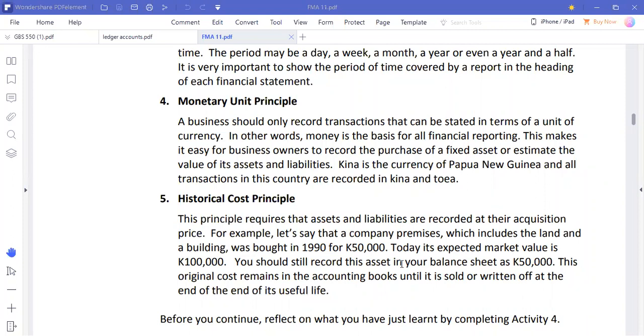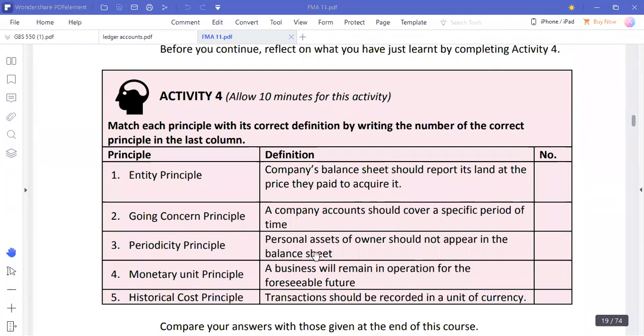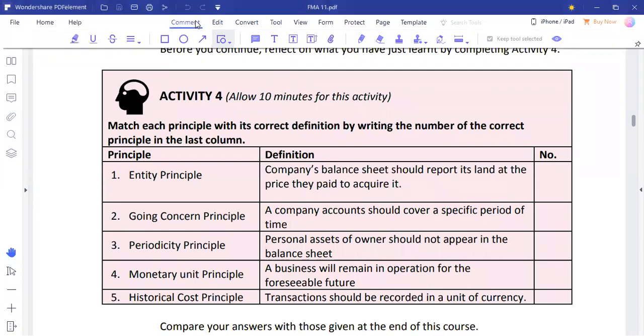So with these first 5 principles, maybe let's look at this activity. I need you to align the principle with the numbers that we're going to put here. The company's balance sheet should report its land at the price you acquired it. Which of these principles are we considering here?